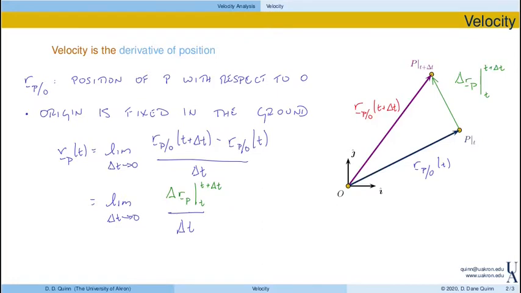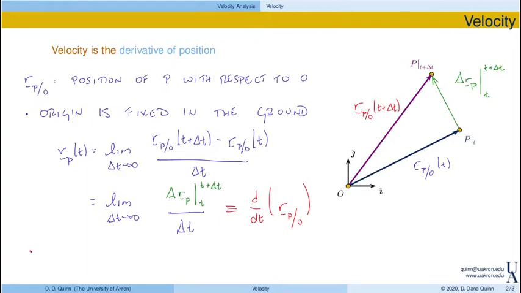So we define this then as the derivative of p with respect to o, the derivative of the position. And again, the velocity is the change in the position.